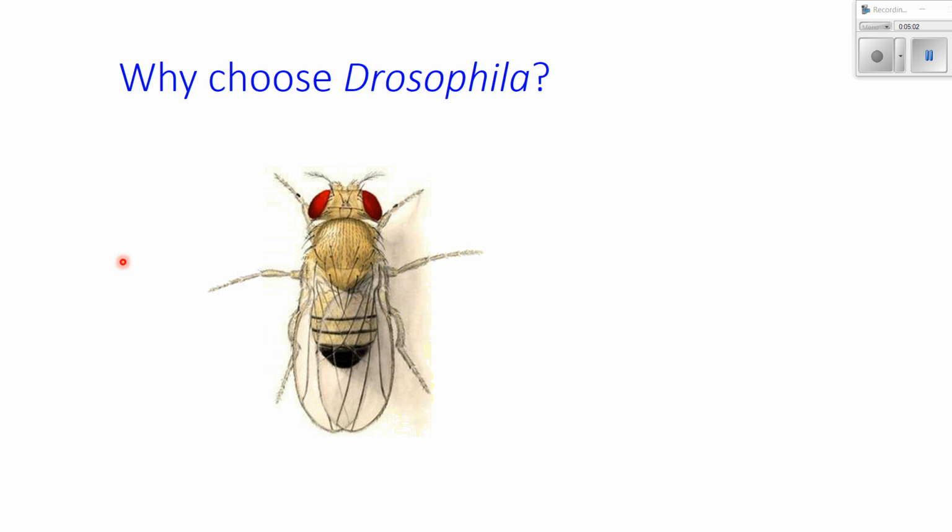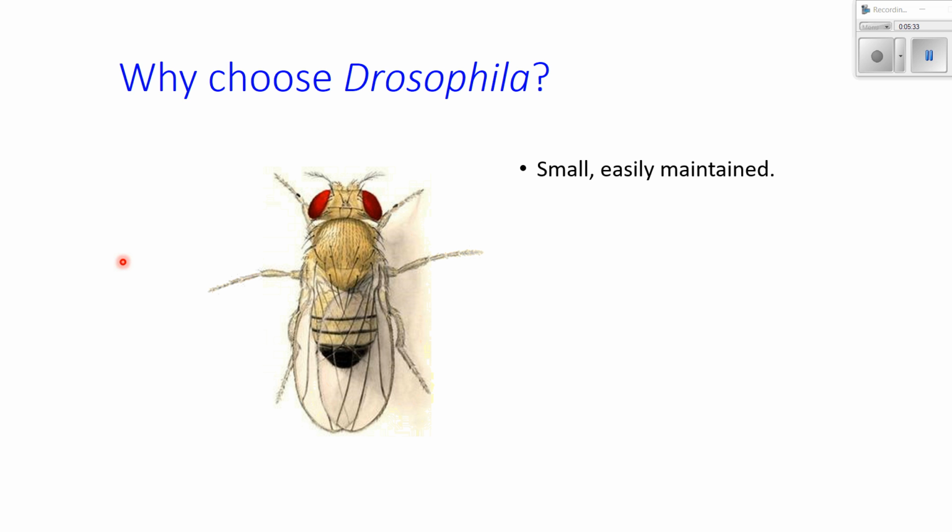So it's a strange little organism and very tiny, but there are lots of good reasons why this organism is a good one to use for genetics. First of all, they are very small and easily maintained. You can, and I've done this in college genetics labs, grow hundreds and really thousands of fruit flies in a very, very small container.